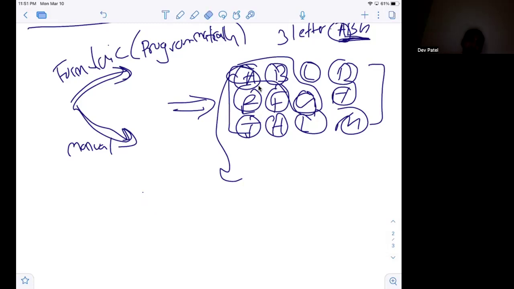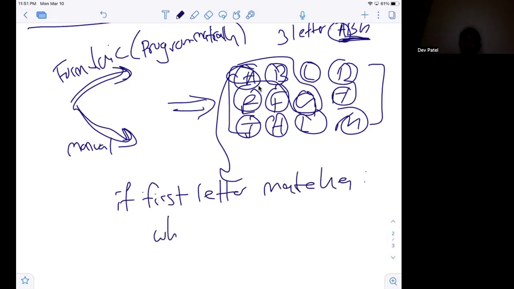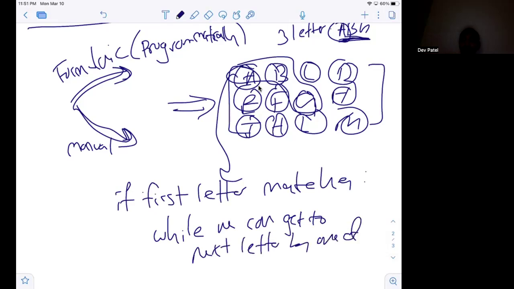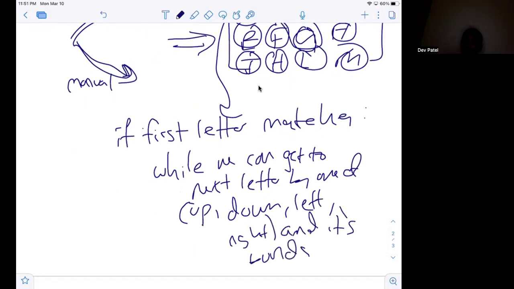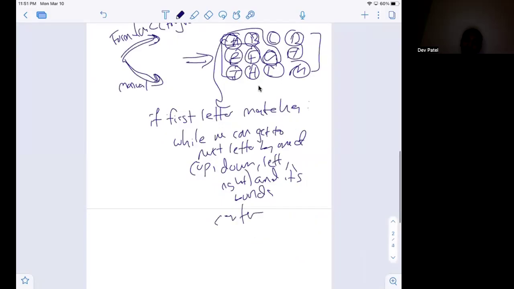Right, so if we write the pseudocode for this, it's: if the first letter matches, and then while we can get to the next letter by one of up, down, left, right, and it's in bounds, then we're going to increase our counter by one.